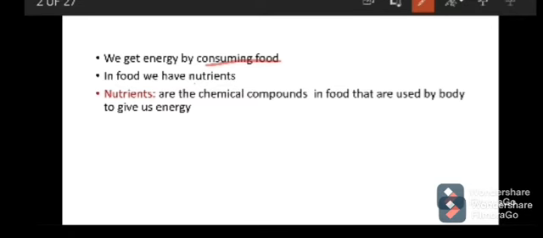In food, we have nutrients which provide us energy. What actually are nutrients? Nutrients are the chemical compounds present in food that are used by the body to give us energy.